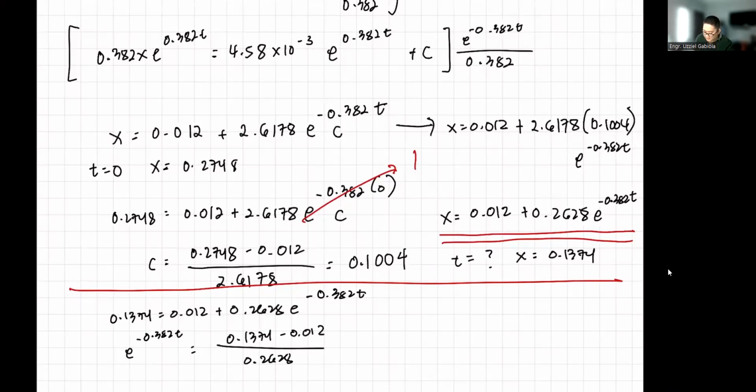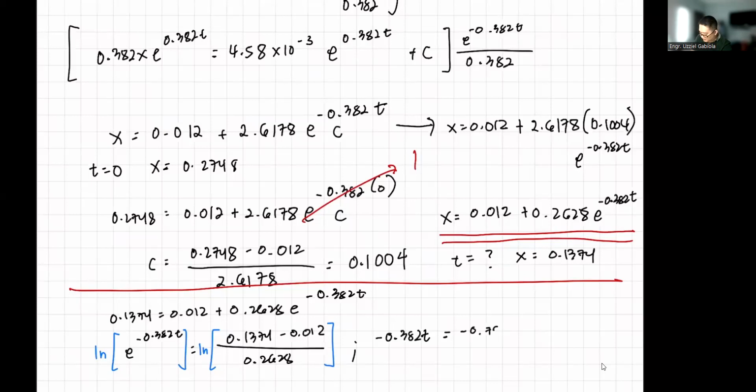Okay? Then para mawala yung e, gagawin natin ln both side. So magiging itong negative 0.382t. Yung value nitong sa kabila, input nyo lang sa calcu ng ln. ln 0.1374 minus 0.012 divided by 0.2628. So, negative 0.74.